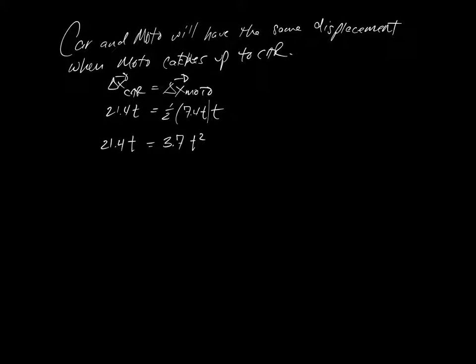Now, you should notice that you can divide both sides by t here. And that will actually divide, t goes in itself and makes 1. One of those t's that was squared divides into the t to make 1. Okay? So now I have 21.4 equals 3.7 t.